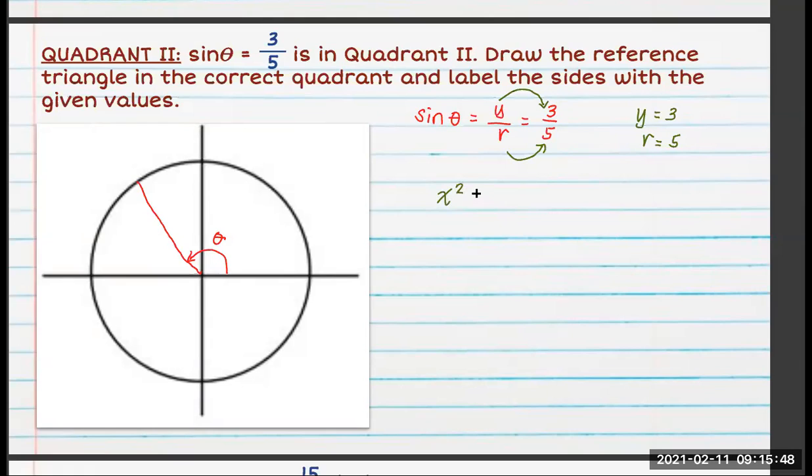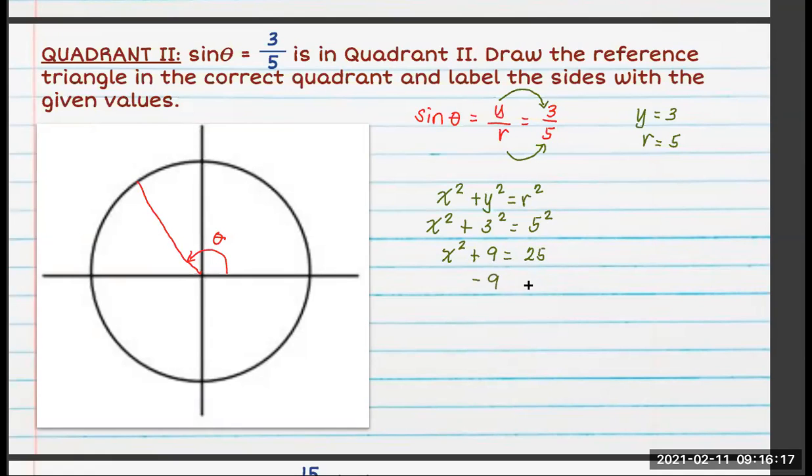Let's use our Pythagorean theorem. X squared plus y squared is equal to r squared. Okay, so we're missing the x. X squared plus y is 3, so that's 3 squared equals r is 5, so you have 5 squared. Okay, so simplifying this, 3 squared is 9. 5 squared is 25.